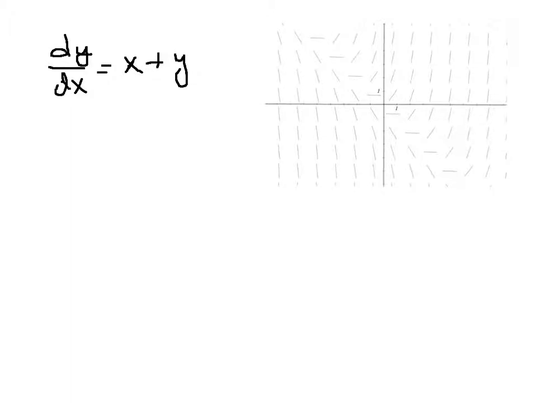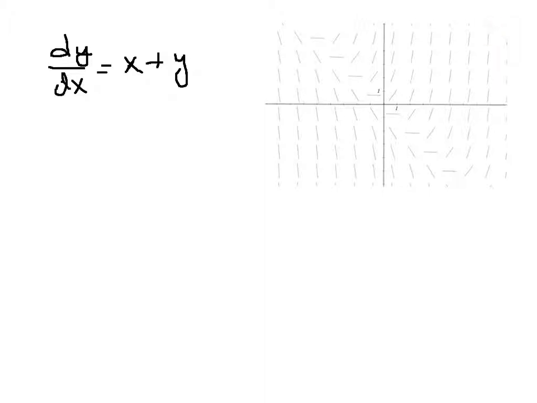Alrighty, so this is a little bit more interesting one, and here we have a differential equation, dy/dx equals x plus y. And you'll learn soon enough that that's not something that we can easily solve. And so we have to look at this slope field and get an idea of what's happening.